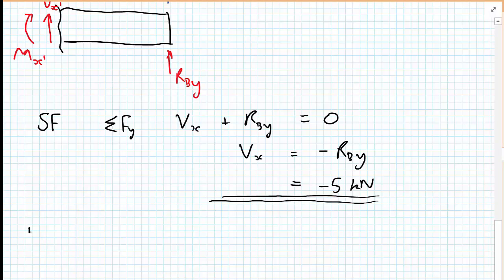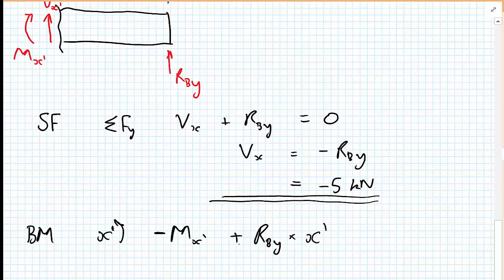So let's take moments about the position x dash, and having a look at our free body diagram, we have Mx dash going in a clockwise direction, so negative, and then we have Rby multiplied by the lever arm x dash, and this is going in the anti-clockwise direction, so it's positive, and for equilibrium is equal to 0.